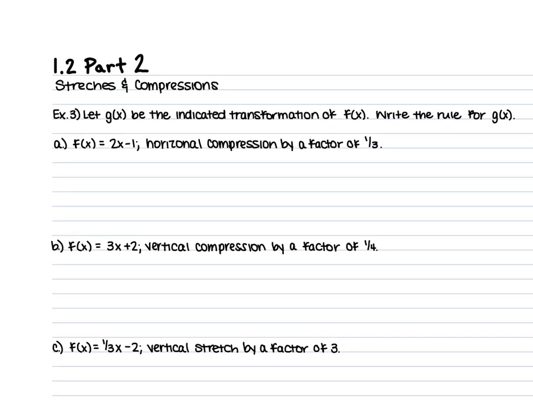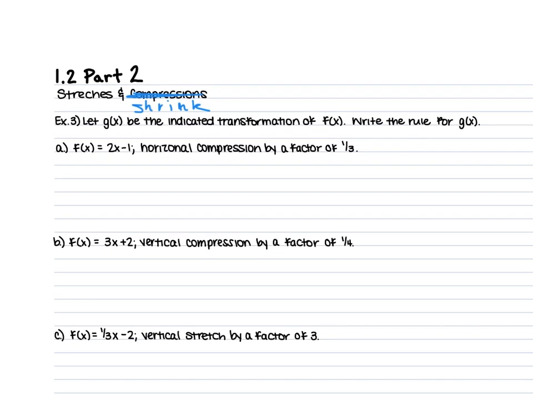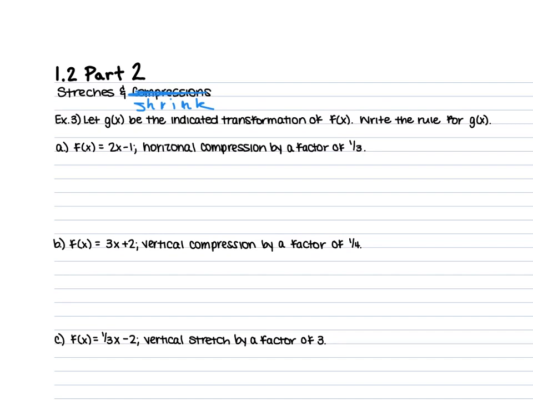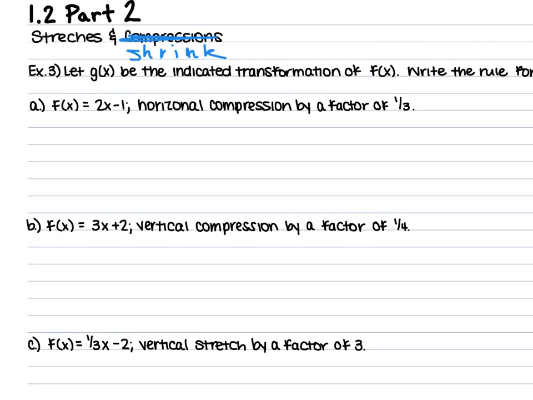All right, so now let's look at our examples. So let g of x be the indicated transformation for f of x. Write the rule for g of x. So for a, we have f of x is equal to 2x minus 1. And we need to apply a horizontal compression by a factor of 1/3. So horizontal means that it's going to happen inside our parentheses. And since it's a factor of 1/3 for horizontal, we need to change it to the reciprocal. So we're going to multiply x by 3.